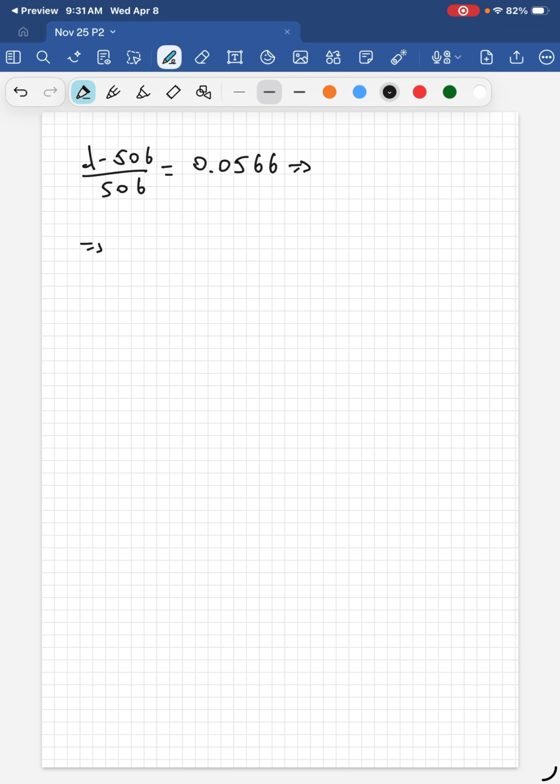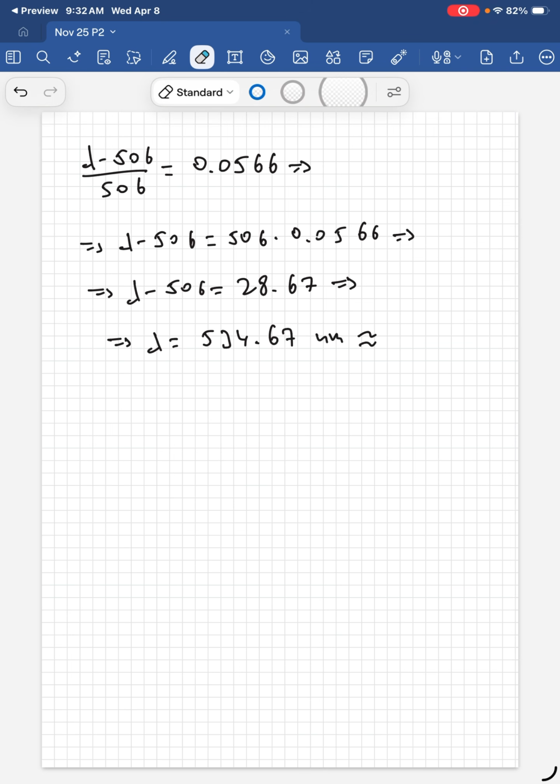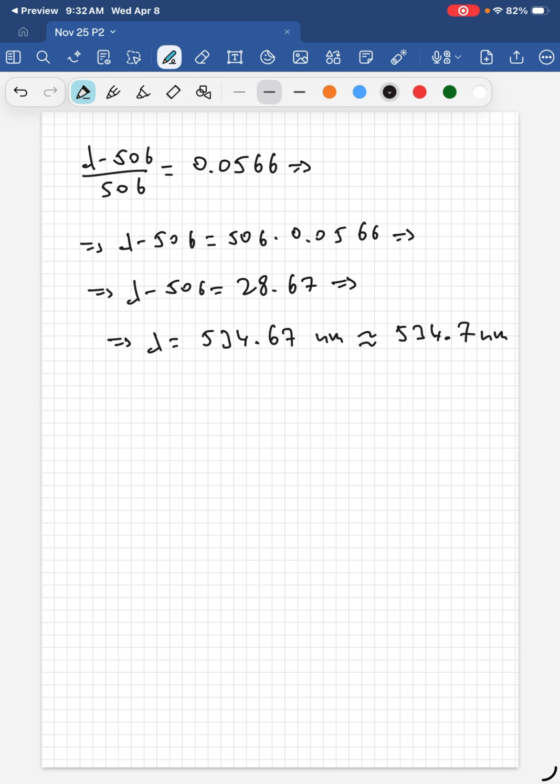So we have lambda minus 506 is equal to 506 times 0.0566. So lambda minus 506 is 28.67. So lambda, the one we will see, is 534.67 nanometers, which is about 534.7 nanometers, and this is redshift as the galaxy is moving away from us.